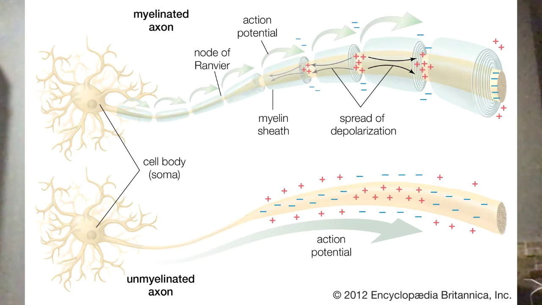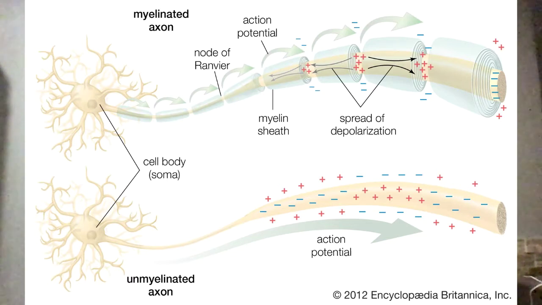So again, the lower cell is showing you just the axon, that projection coming toward you. The upper cell also is showing the axon, but you can see it's surrounded or wrapped in a myelin sheath. That's that light blue wrapping that you see. But more on that later. We'll get into that probably in part 2 of the lecture, the next video.